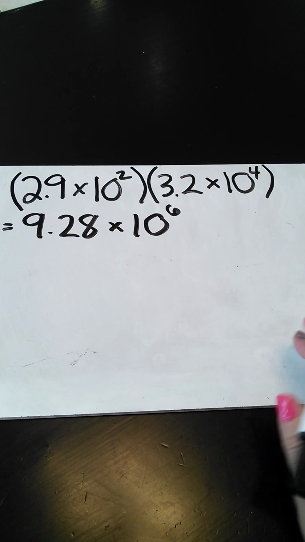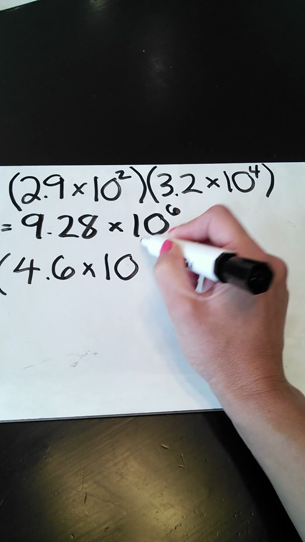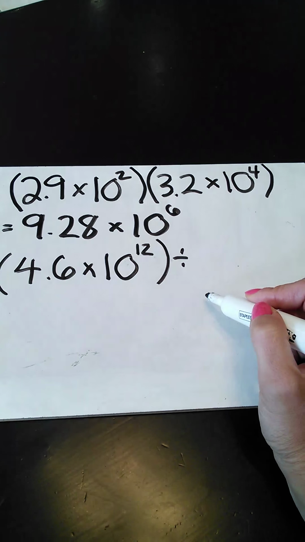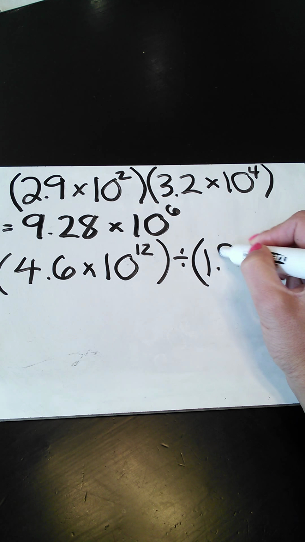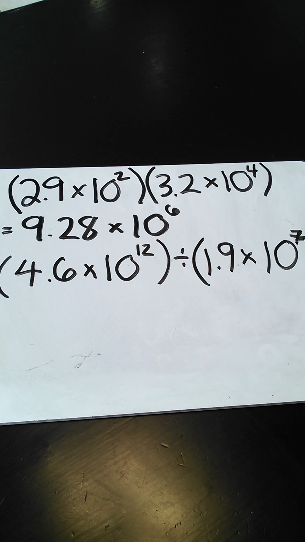I will now give you a division one for you to try. So you have 4.6 times 10 to the 12 divided by 1.9 times 10 to the exponent 7.